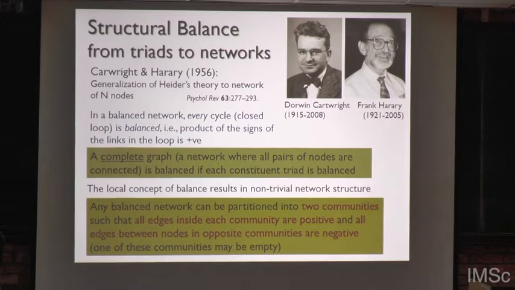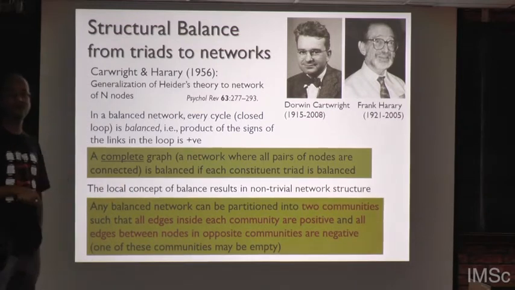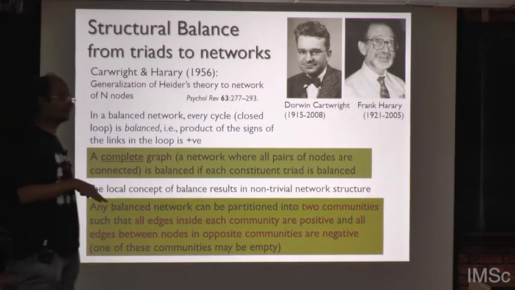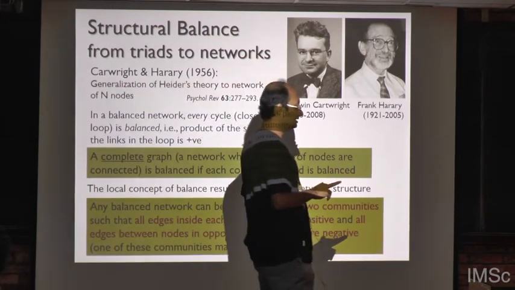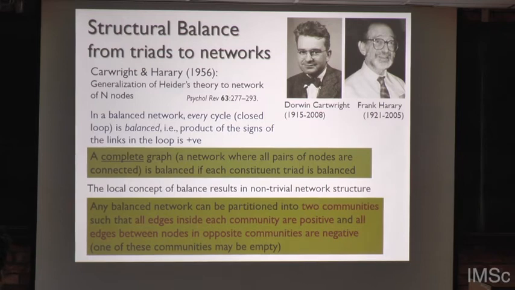So they said that if you have a general network, then you will call it balanced if every possible cycle, that is every closed loop, is balanced. That is, if you look at the product of all the signs of the links in such a cycle, the product will be positive. That's just another way of saying that you would have an even number of links having minus sign associated with it. Okay.